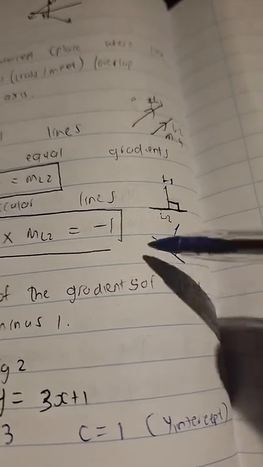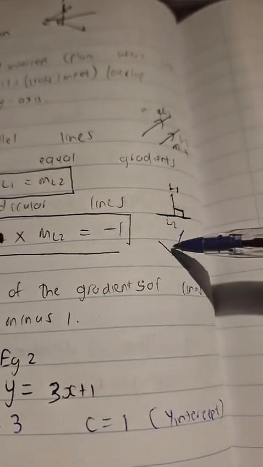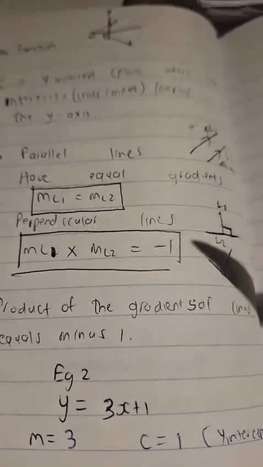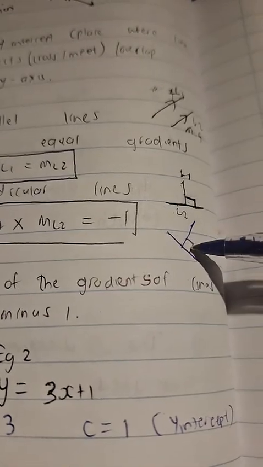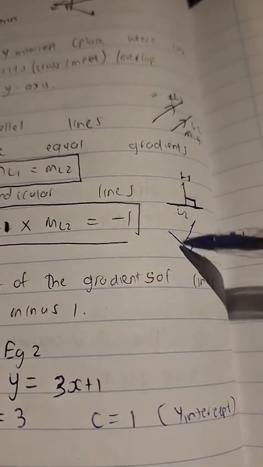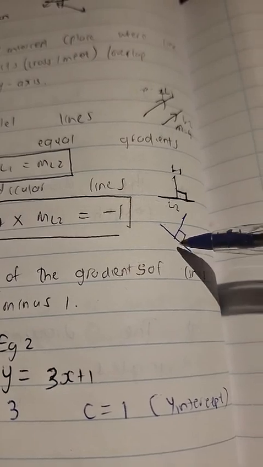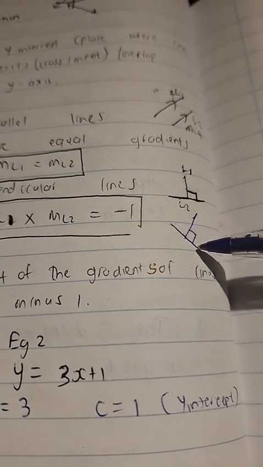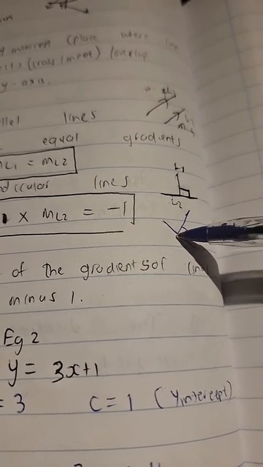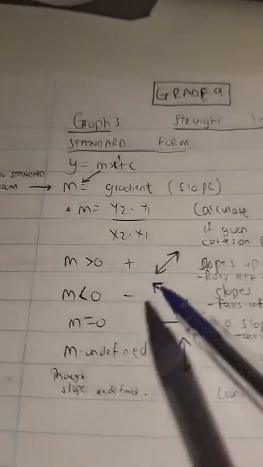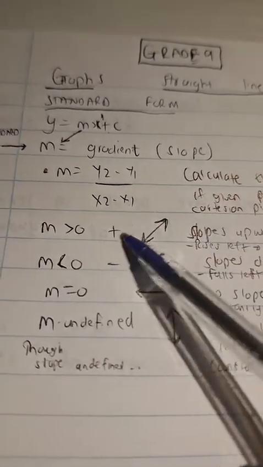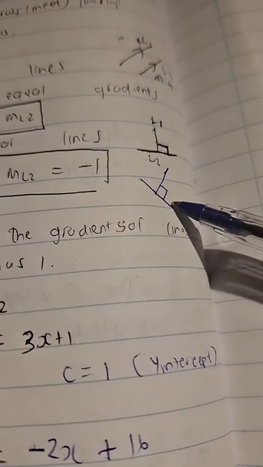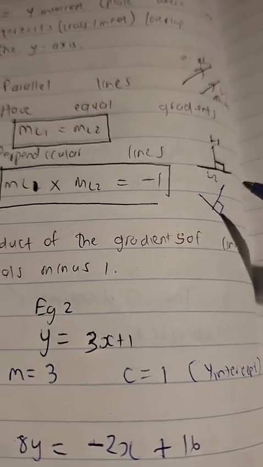We call the right angle an angle of 90 degrees. So this is one line and this is another line. You can see that this line is sloping upward, whereas this line is sloping downward. So this line would have a gradient that is positive, whereas this line, since it's sloping downward, would have a gradient that is negative.